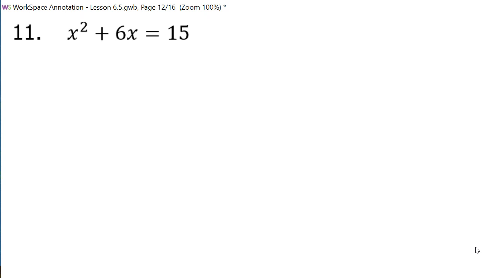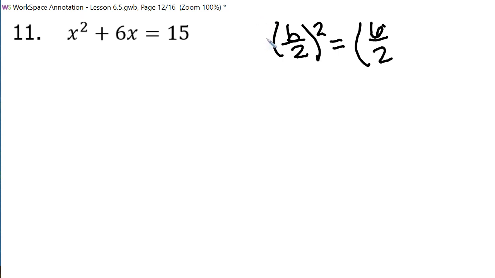Number 11, we need to find a number that completes the square. So what's the formula for completing the square? b divided by 2 squared. What number do we put for b? 6 divided by 2, then square it. So what's 6 divided by 2? 3.